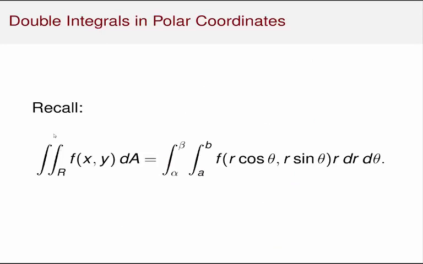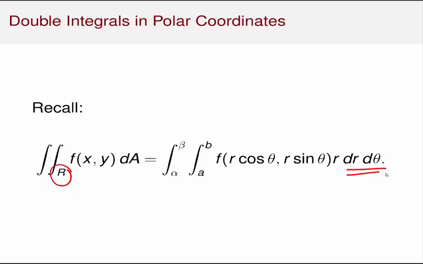Remember, the double integral of a function f over a polar rectangle can be computed by turning it into an iterated integral with respect to r and theta. Here, it doesn't matter which order we use for r and theta.